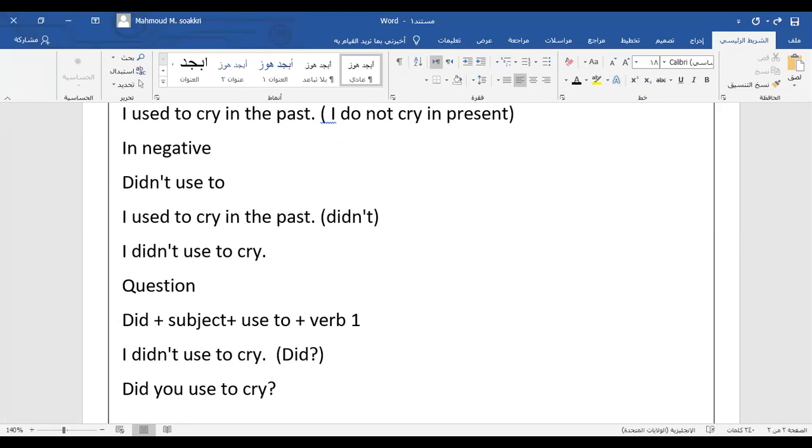Now, students, let's have a worksheet revision on this rule. Let me share it with you.